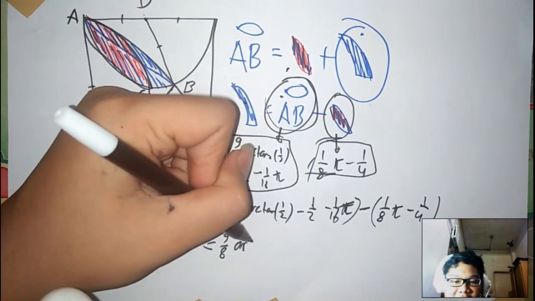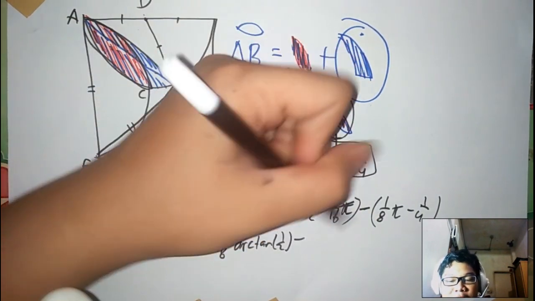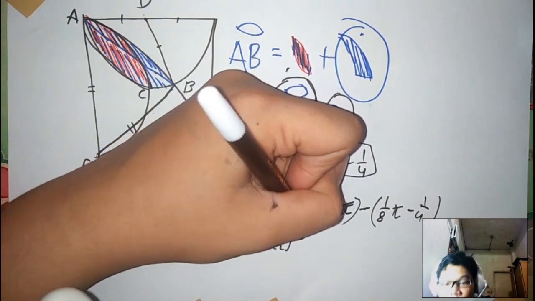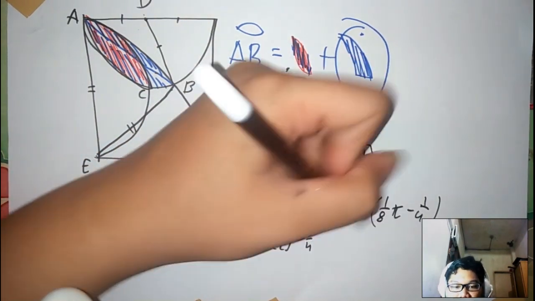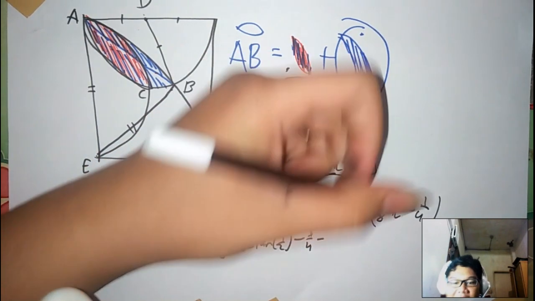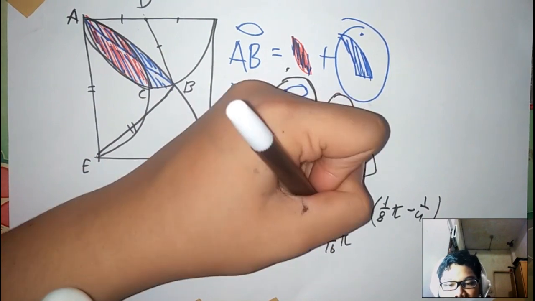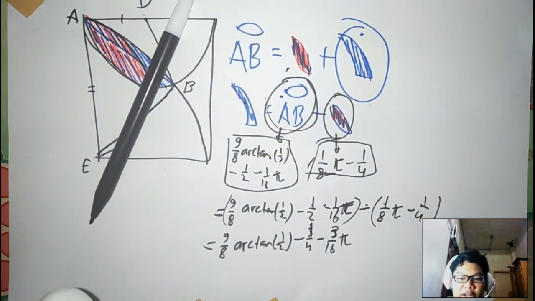Okay, 9 over 8 arctan half plus a 4th must be equal to minus a 4th minus a 16th pi minus an 8th pi. It will be 3 over 16 pi, and that's it. We get the answer.